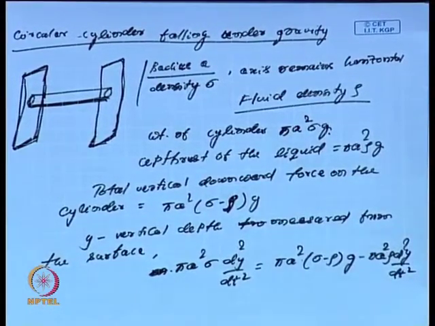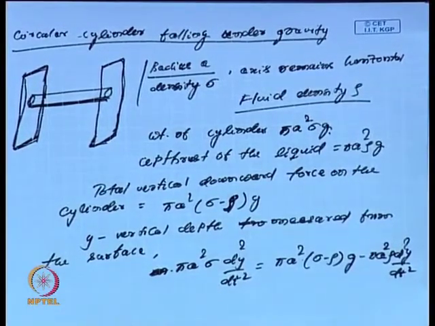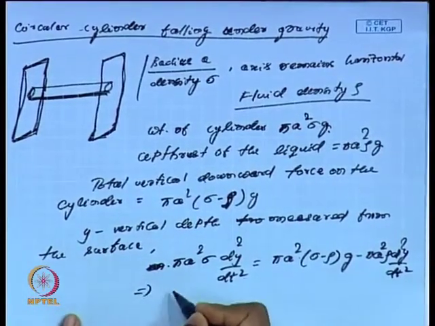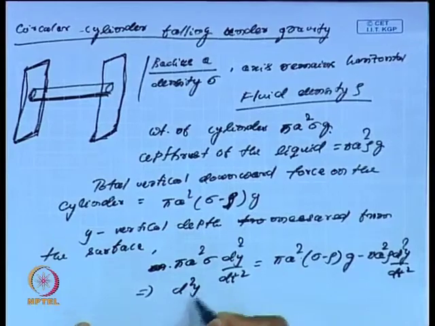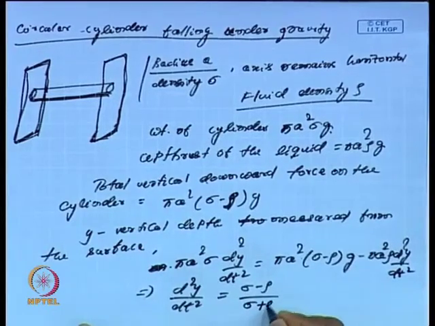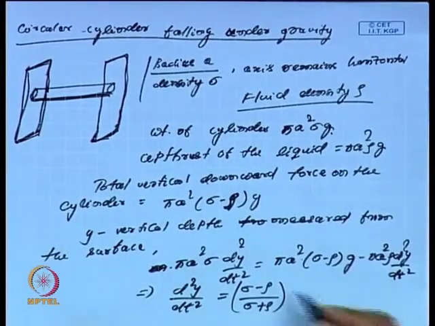This comes exactly from the recently derived equation, because the body is moving in a fluid. If we simplify, d square y by dt square will give us (sigma minus rho) by (sigma plus rho) into g.